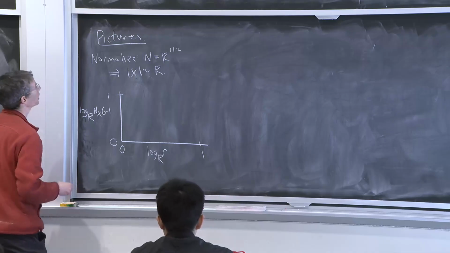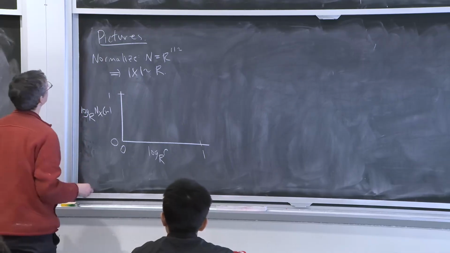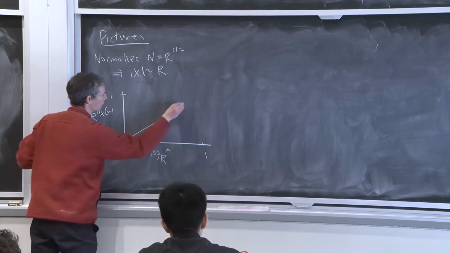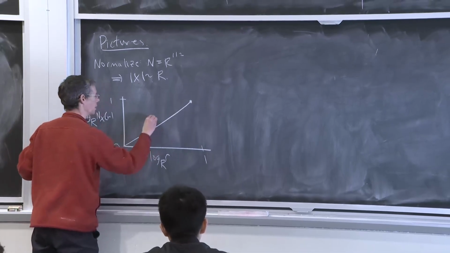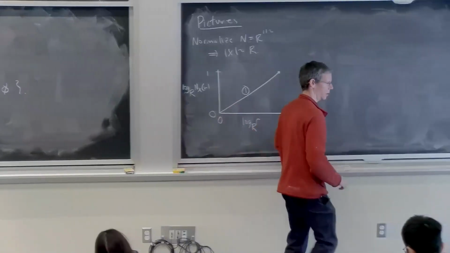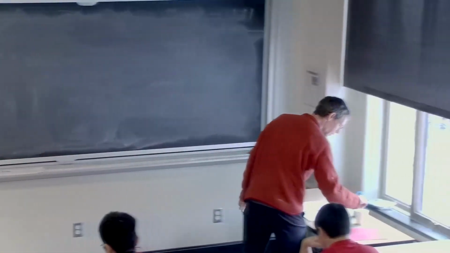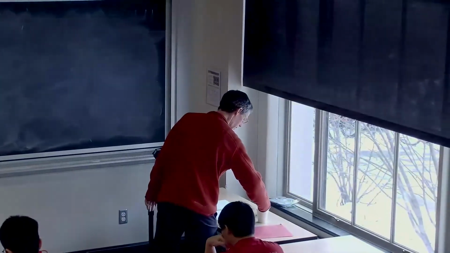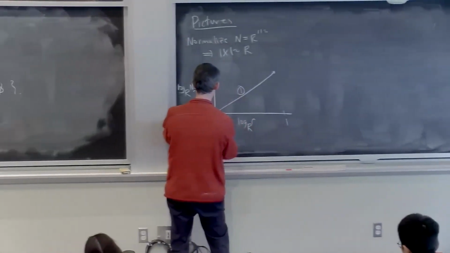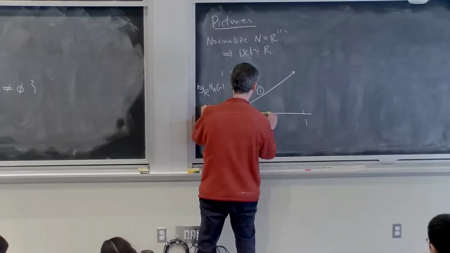OK, so now, what do these three examples look like? The first example is a straight line. So that's example 1. The second example grows more slowly than the straight line for a while.